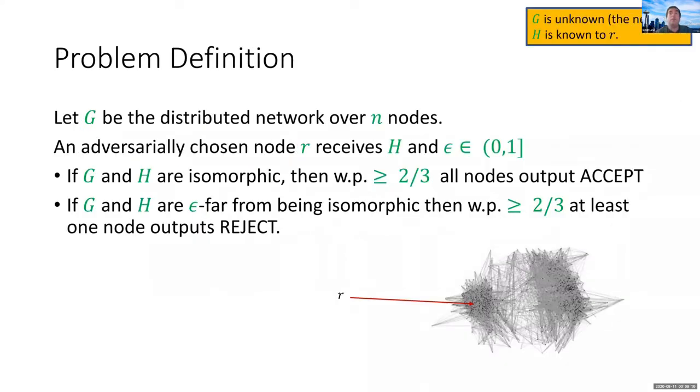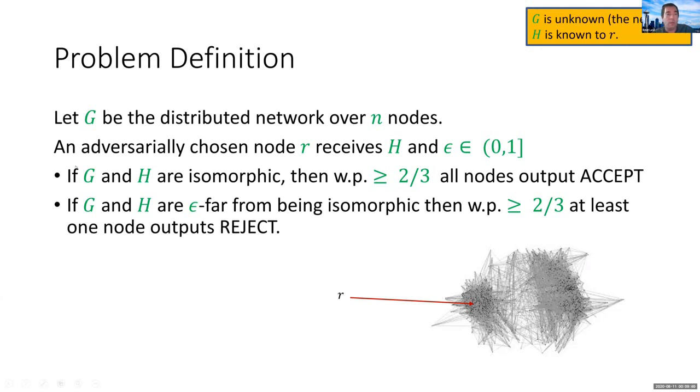So what is a natural definition for testing graph isomorphism in the CONGEST setting? G is again the distributed network over n nodes. An adversarially chosen node R receives H, which is, let's call it the known graph, and the proximity parameter epsilon. Now, if G and H are isomorphic, then with probability at least 2/3, all nodes in the graph should output accept.